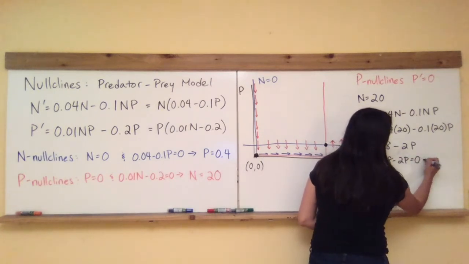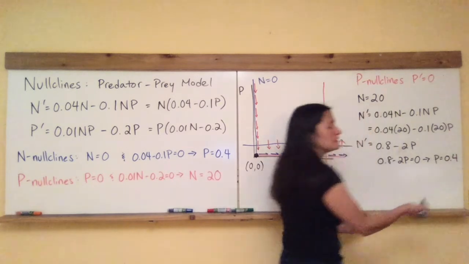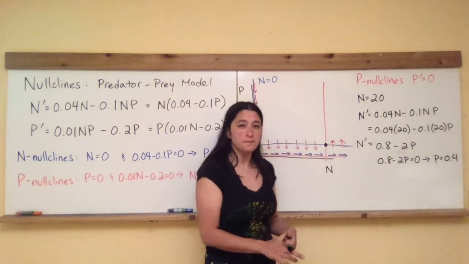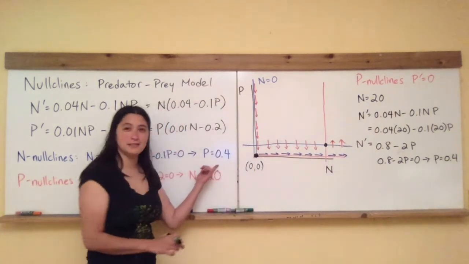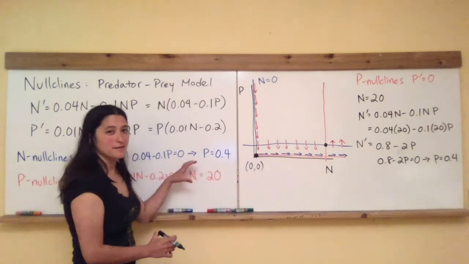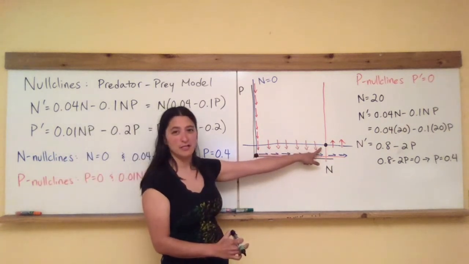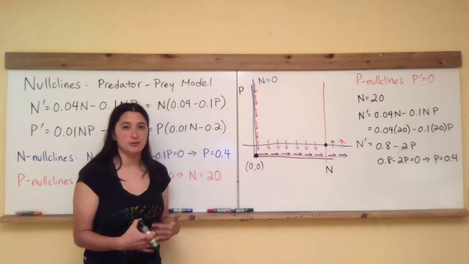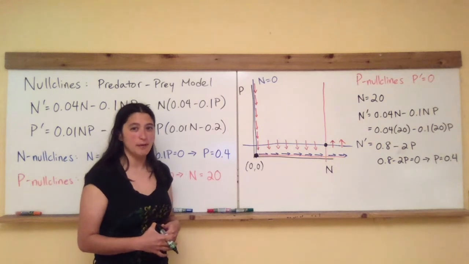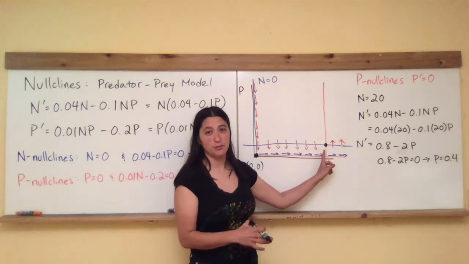So I'm going to set this equal to 0 just so I can see where the dividing line is. And if I do set that equal to 0, you're going to see that the conclusion is p is equal to 0.4. That's okay with me because that is the other nullcline, right? And remember that the intersection of these two places represents the fixed point right here. And so I'm kind of doing a double check, confirming that I'm on the right path when I get that the dividing line is indeed the equilibrium point.